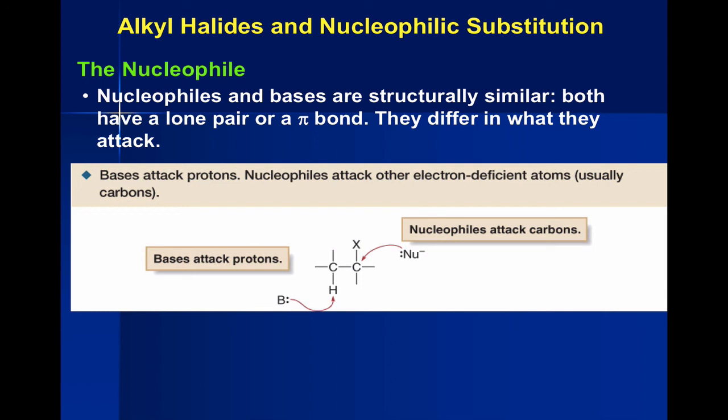So a good nucleophile has a lone pair of electrons just like a base does, but the nucleophile will actually attack the carbon of the electrophile. A base will not attack here. It will attack a hydrogen somewhere. And alkyl halides can actually undergo reactions with bases to do elimination chemistry. Okay? But that's the big difference. Nucleophiles attack carbon, bases attack hydrogen.